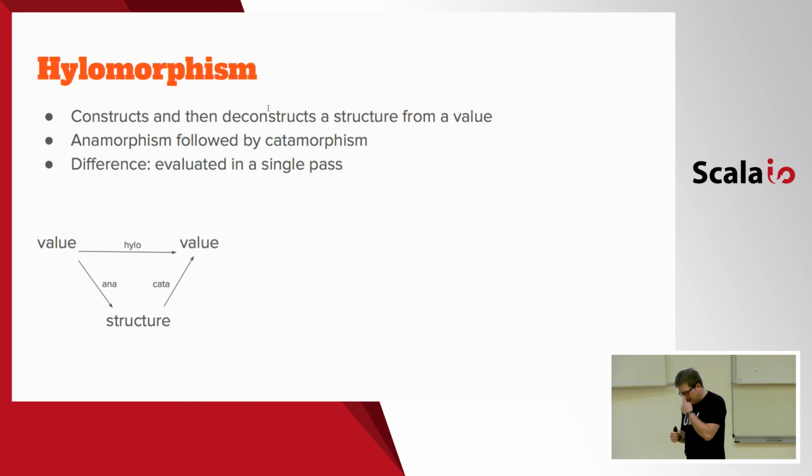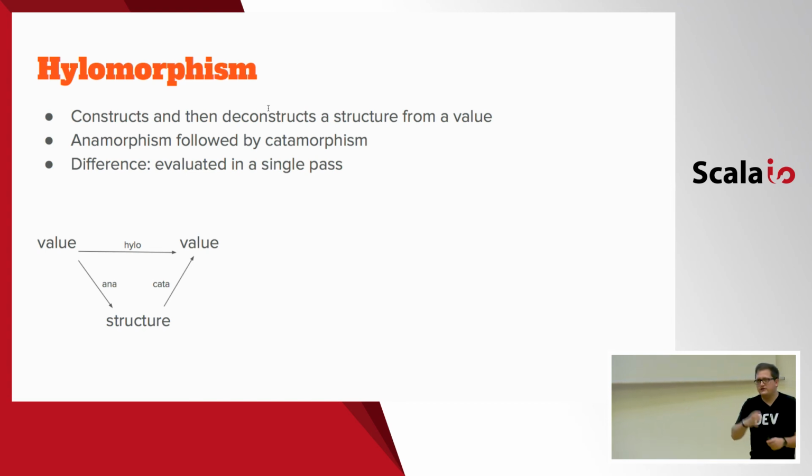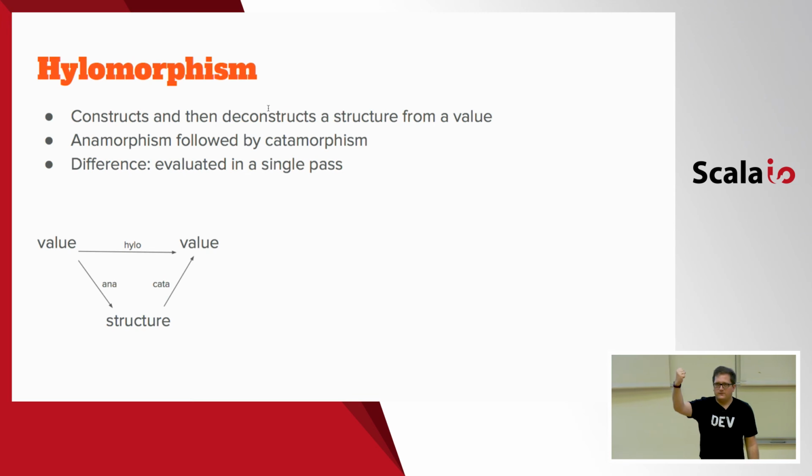Now you might be thinking, okay, so what's the point? Why should I actually use hylo if I have those two and I could compose them together? And yes, those two can compose. Well, the thing is, if you run anamorphism first, try to visualize it. You start with a value, and the anamorphism recursion scheme will run this machinery.